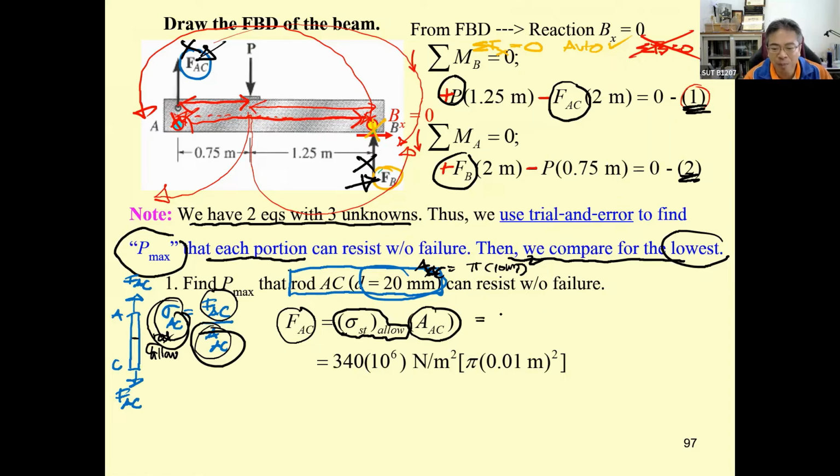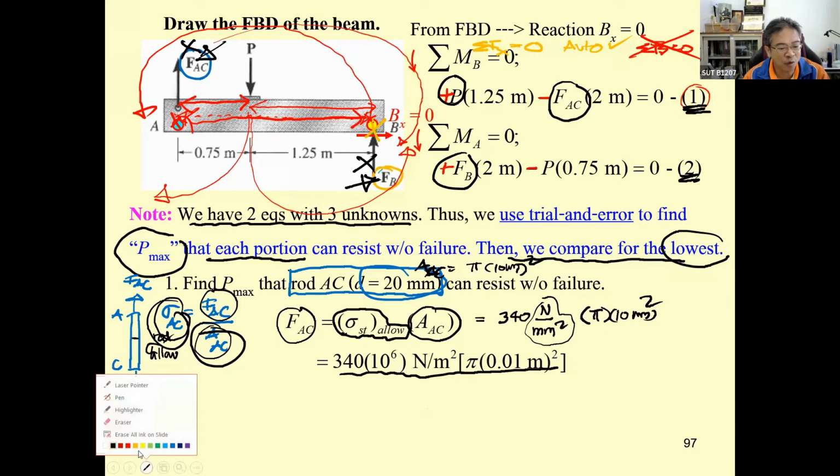You may compute 340 Newton per square millimeter, which is megapascal, times pi times 10 millimeter squared. Whichever way you like, but you have to be very careful about the units.